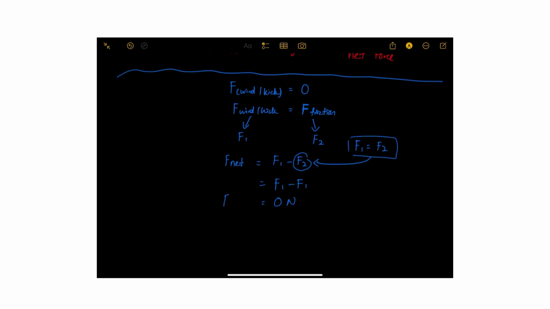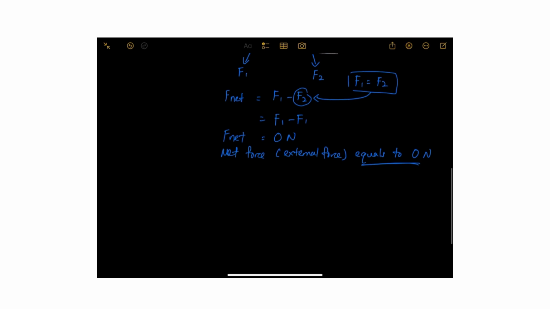So I would say the net force, or in terms of Newton's first law of motion, we call it external force, equals to 0 Newton. When we say equals to 0 Newton, it means that there is no external force, or you can say there is no net force.